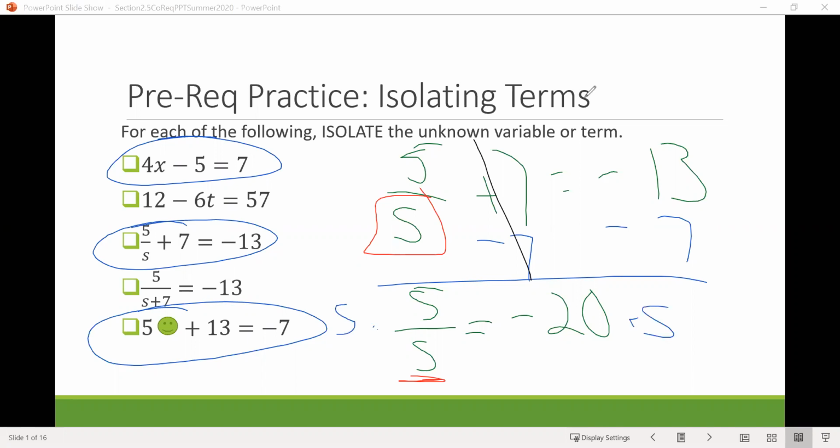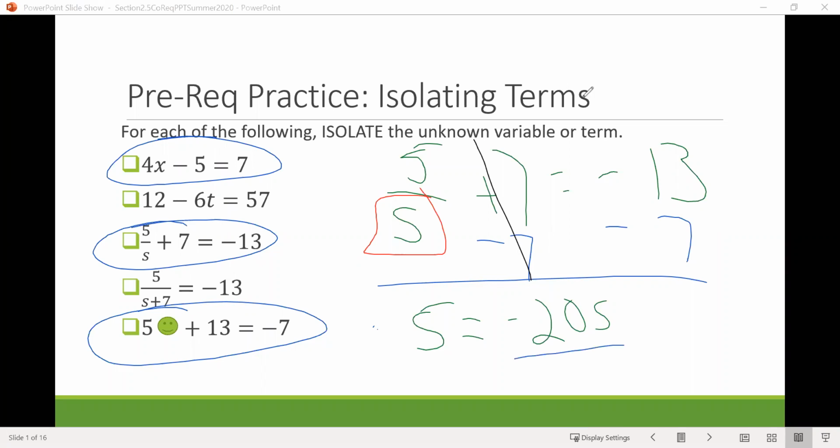Okay, so when we do that, the s's here will cancel. You're just left with the 5 on the left-hand side. And we have negative 20 times s on the right-hand side, and I'm out of room, so I'm just going to have to rewrite that here. So we would have 5 equals negative 20s, and now that negative 20 is being multiplied by the s, so to get rid of it, we do the opposite, which is divide by negative 20.